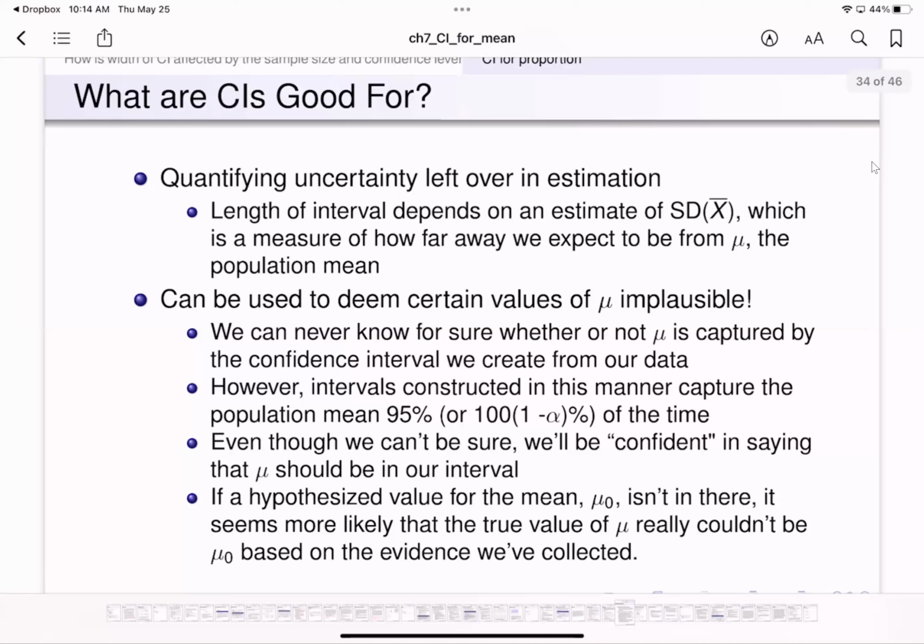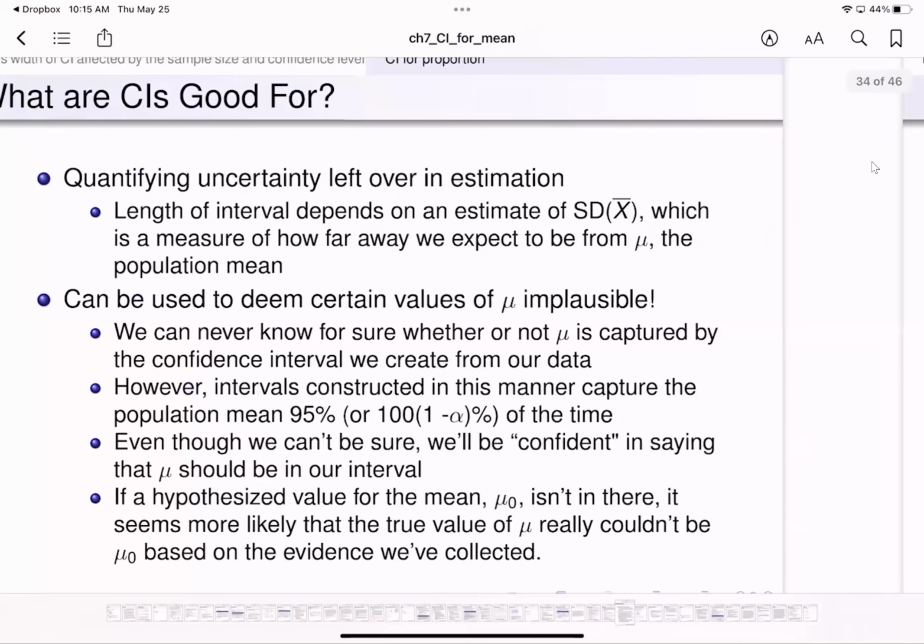On the other hand, if our interval, already taking the variation into account, does not contain the mu, then we are also confident that mu is not equal to a specified value. Okay, so that's this confidence interval. You can use it to check whether a hypothesized value mu0 is reasonable or not by checking whether that value is in the interval or not.